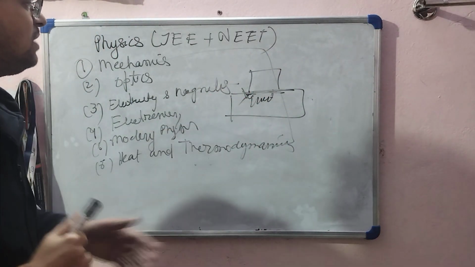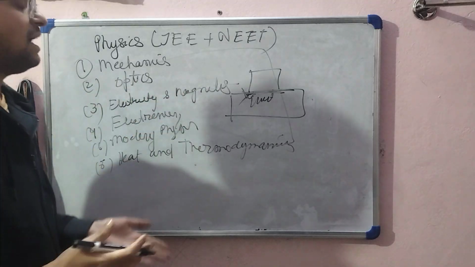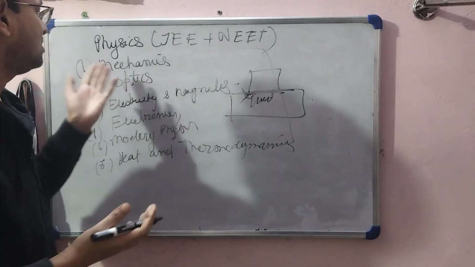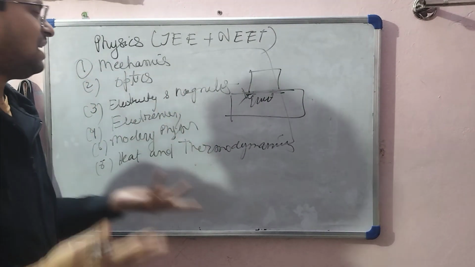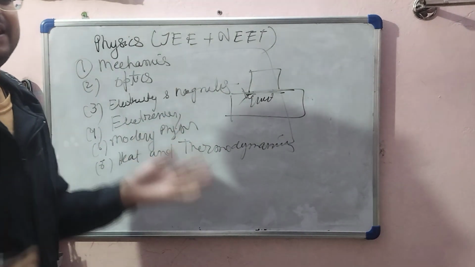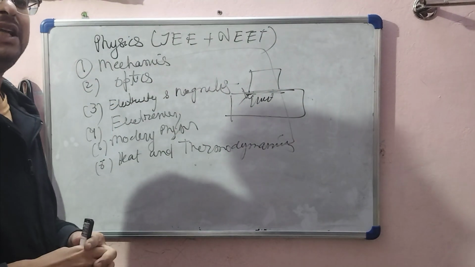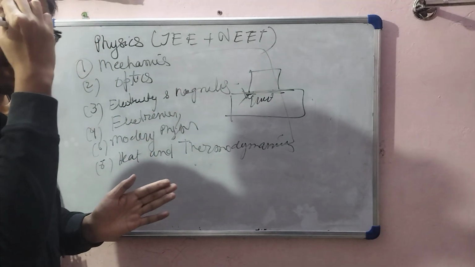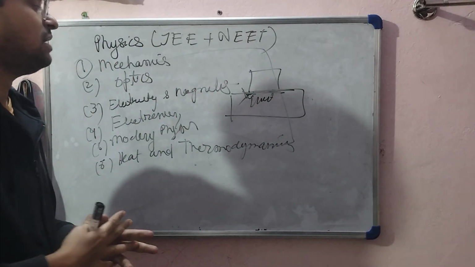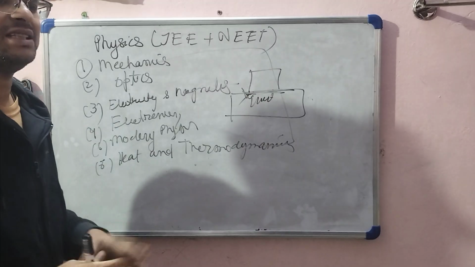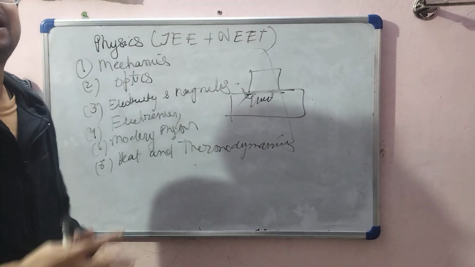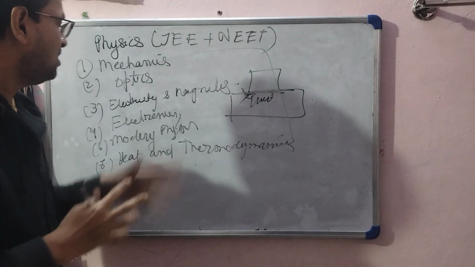This is the concept of mechanics, and different kinetics. Also optics: mirrors, lens, wave optics, ray optics. Electricity and magnetism: when the electricity is moving, meaning current is moving, any charge is moving, it is current electricity. When the charge is static, it is static electricity.